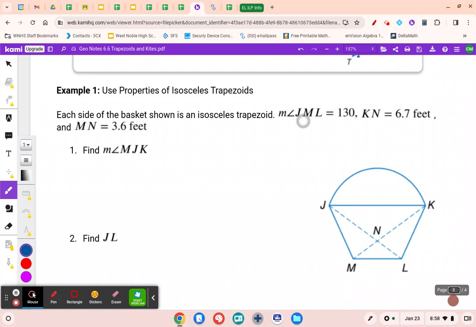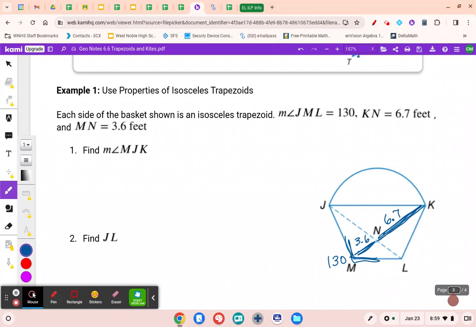It gives us that the measure of angle JML, that's this guy, is 130, and KN, that's this section, is 6.7, and MN is 3.6. Okay, so it asks us to find angle MJK.